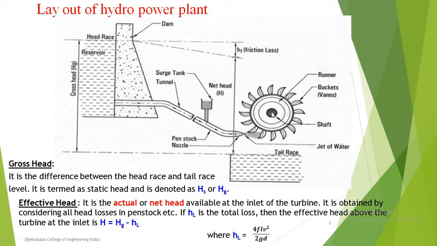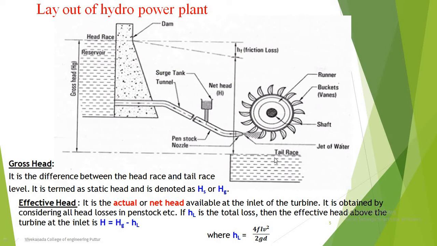This shaft is connected to the generator. When high velocity water strikes the vane, the runner rotates. After that, the water goes out as waste. This water is collected in the channel and is taken to the river.